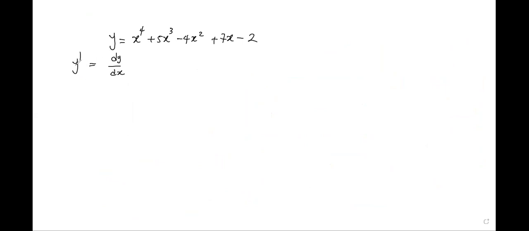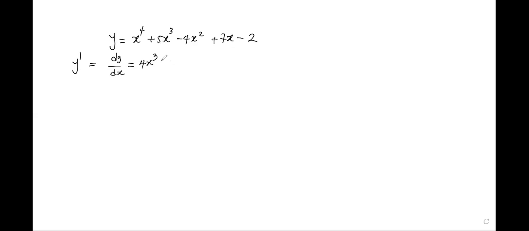So if I say give me y prime or dy dx, I mean differentiate. So this first one is going to be 4x raised to the power 4 minus 1, and instead of 4 minus 1, I can just write 3.